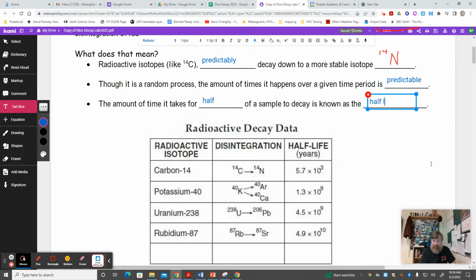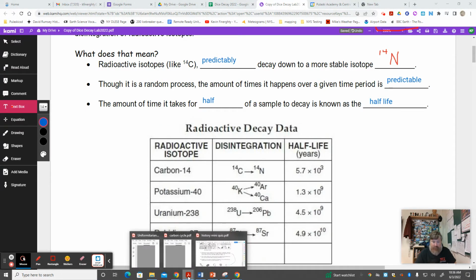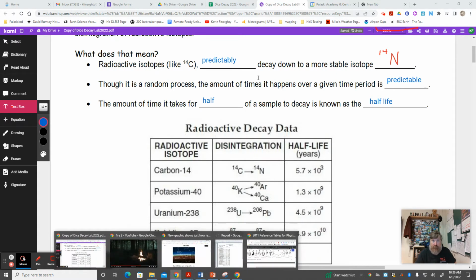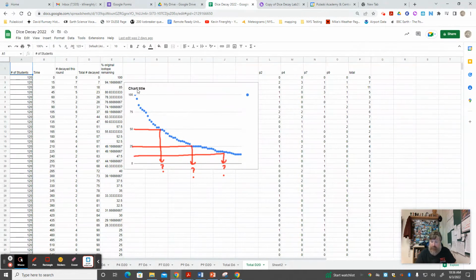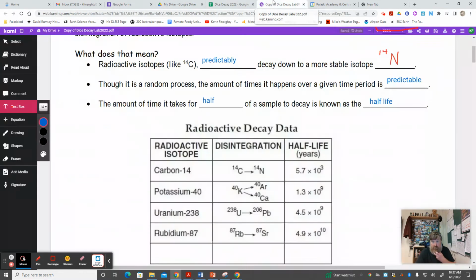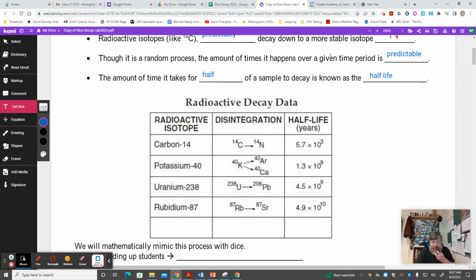That's known as the half-life. This curve is just a matter of basic probability. This is done with dice, but the radioactive isotopes work exactly the same, which is kind of neat. So it's really just a study in statistics more than it is in geology.